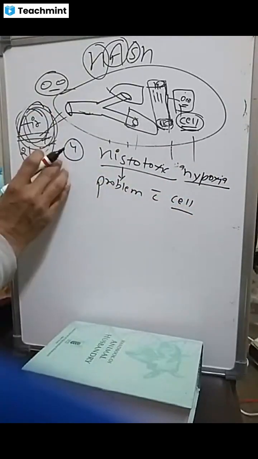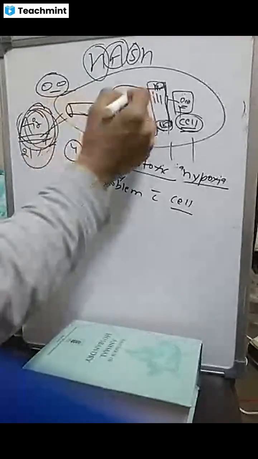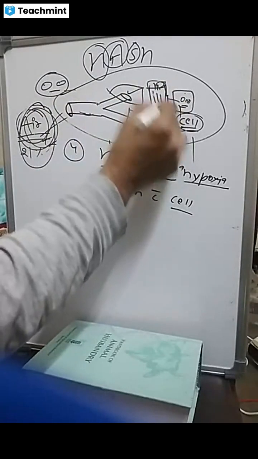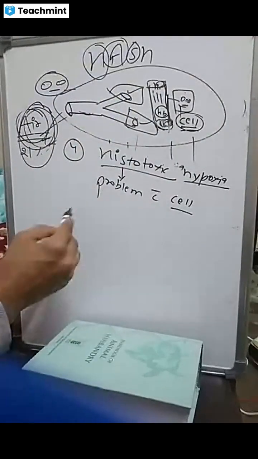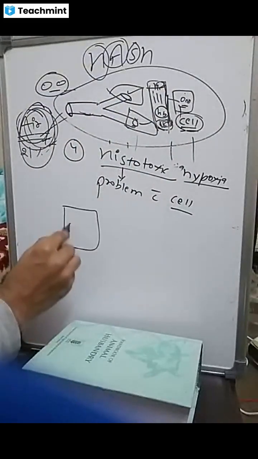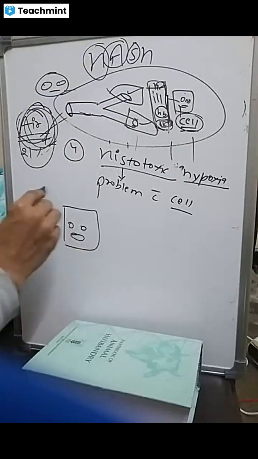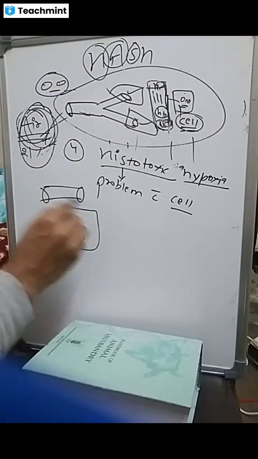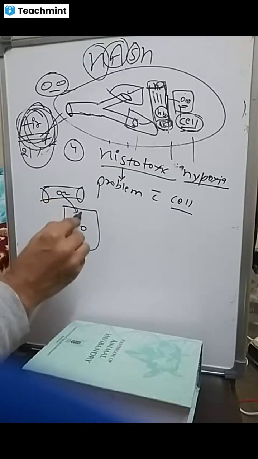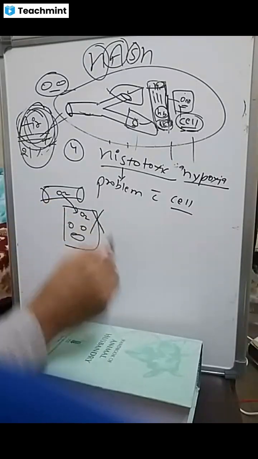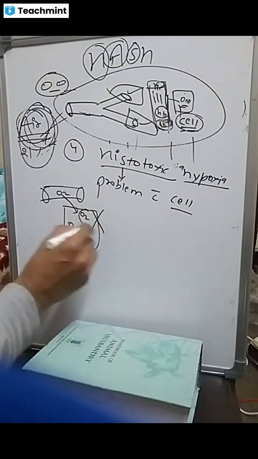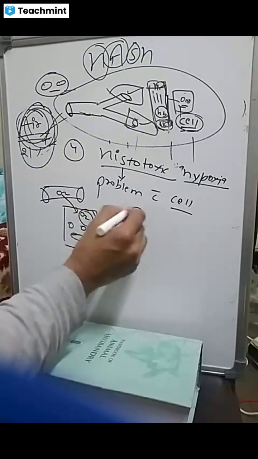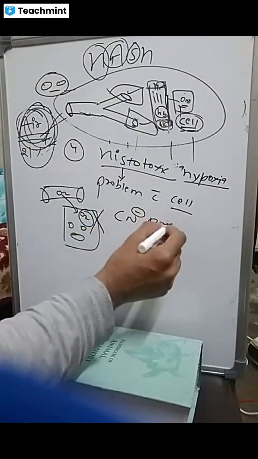Air is having full oxygen, no obstruction, lungs are okay, flow is good, all hemoglobin is normal, but the cell is unable to use the oxygen that is delivered here because there is cyanide poisoning.